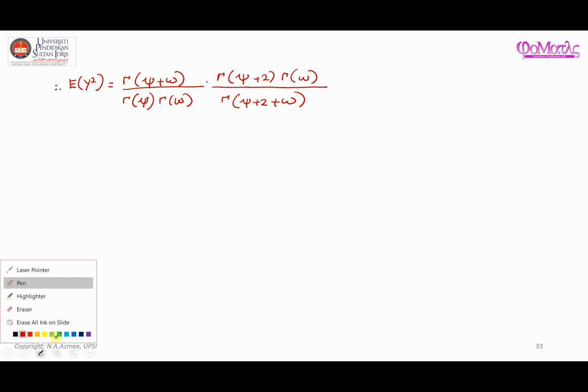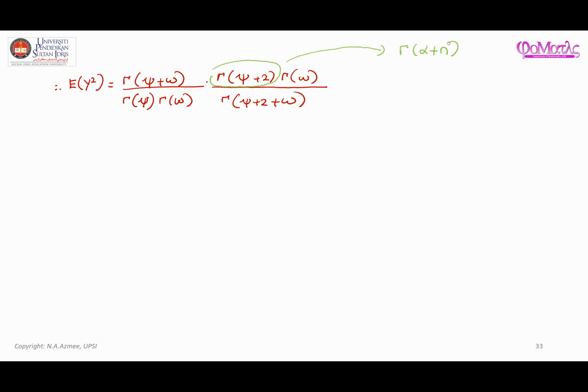Now this part here can be simplified. Remember the property of gamma function, where you have gamma alpha plus n. When you have gamma alpha plus n, you can write it in terms of alpha times alpha plus 1, and so on, until alpha plus n minus 1, times gamma alpha.